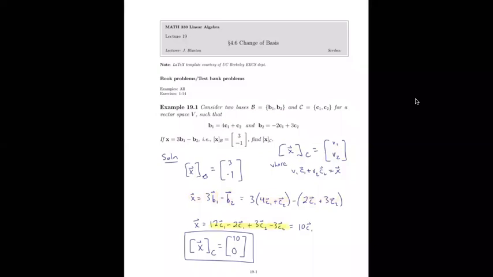When we combine this, we come out to just 10C1 plus 0C2. And those weights, the 10 here and the 0 in front of C2, give us the coordinates in C. So those are our C coordinates for the vector x.